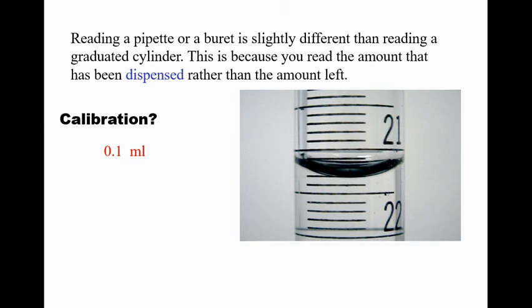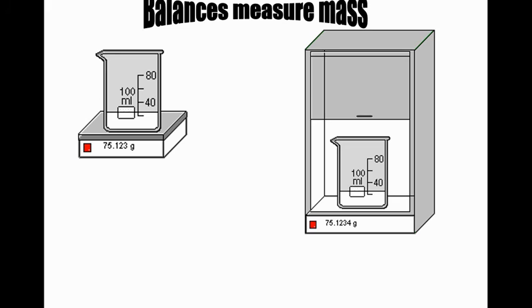The calibration in this case is 0.1. So I'm going to read that 21.30 is dispensed. It has to be somewhere between 21 and 22. It has 3 lines missing, so I'm going to say 21.30.